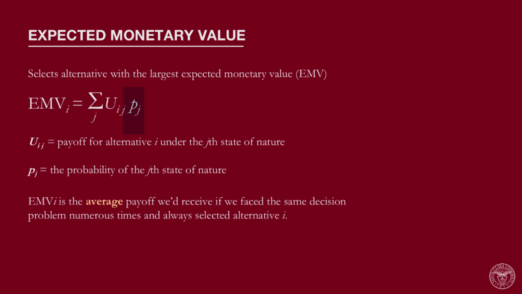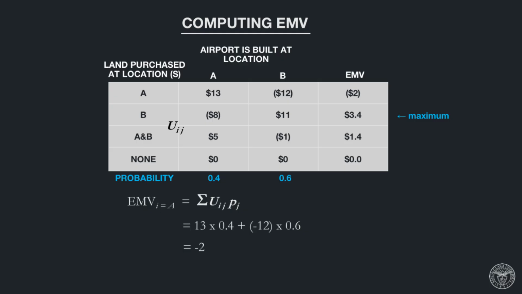So we sum up all those U_ij times P_j for every state of nature. U_ij means the payoff of decision i in state of nature j. So basically, EMV_i is the average payoff given the probability information for every state of nature.